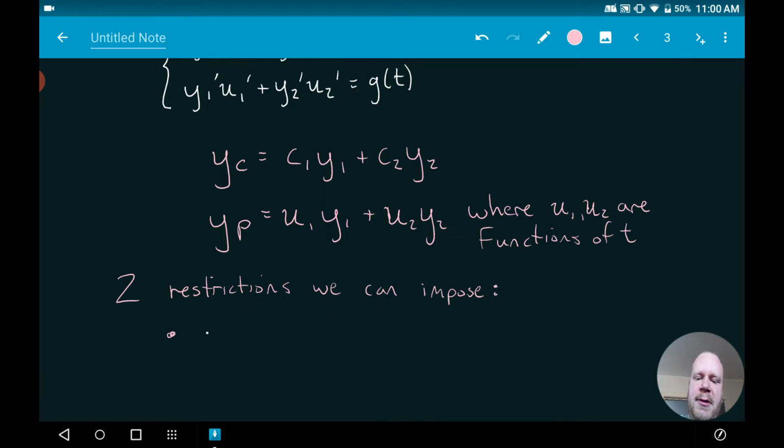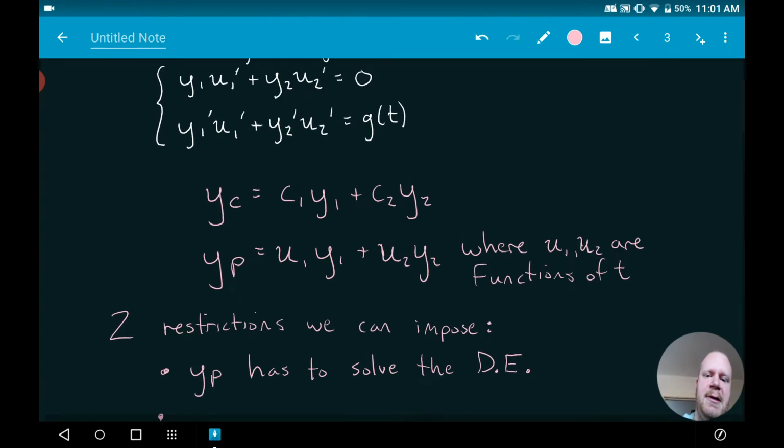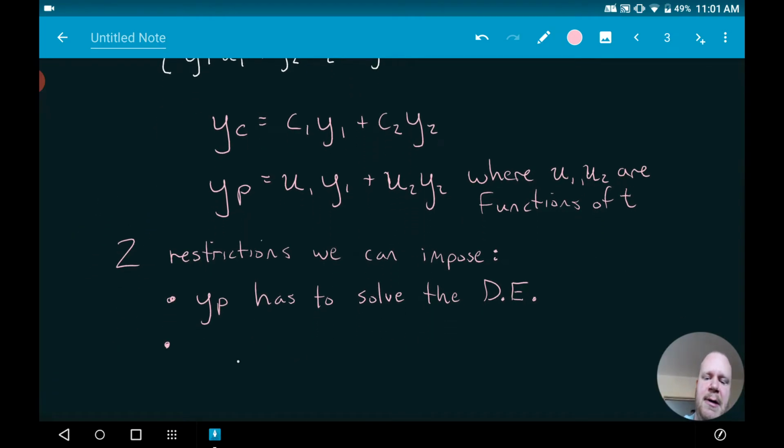One of them that we impose is that yp has to solve the differential equation. And the second one, this is sort of a free restriction that we get to choose. So the choice that we make in order to make the system of equations easy to work with is that y1 u1 prime plus y2 u2 prime is equal to 0.